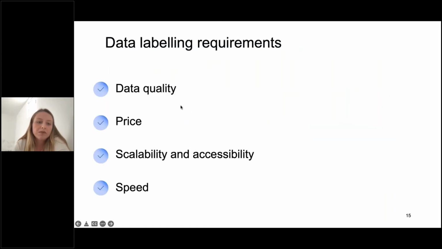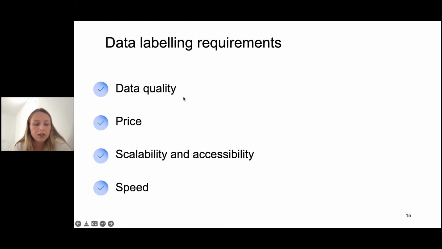So we already know that we need a lot of data, but I would like to point out some requirements for the data labeling process. And those usually are, we want our data to be of good quality. So basically, we don't want to feed rubbish to our algorithms. We would like probably our process to be within some budget, so the price would be important as well.